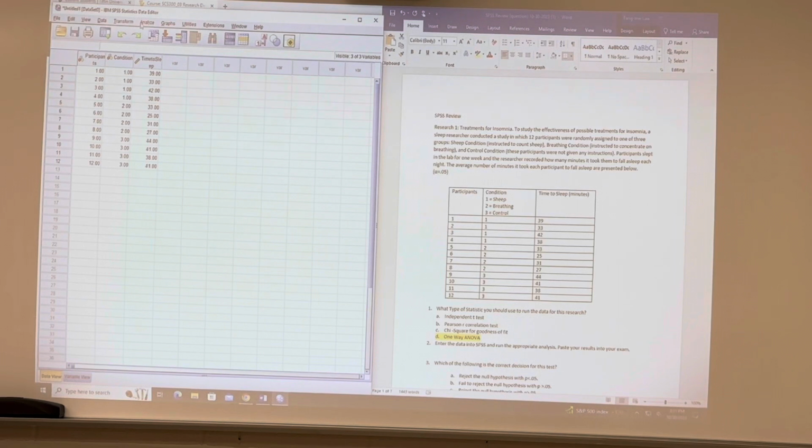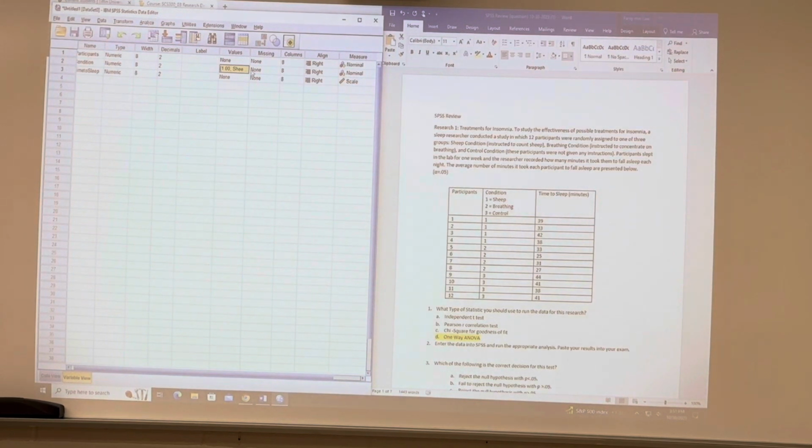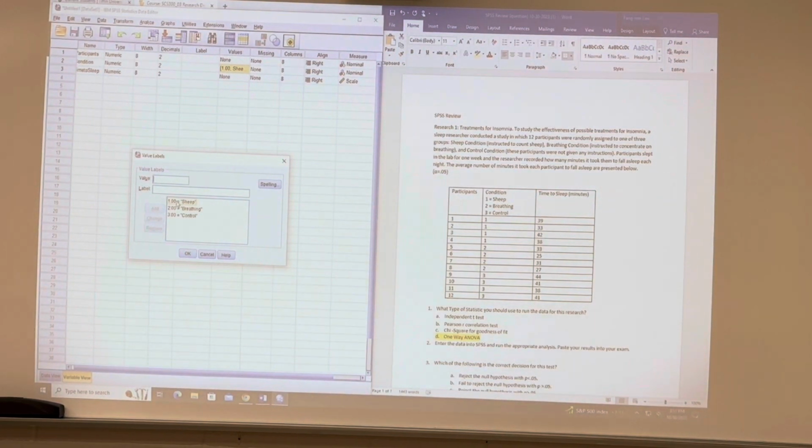Can you show how to do that again? You mean how to set up the value? You just go down here, click Value. You just type 1, sheep, 2, reading, 3, control. And then don't press enter, press Add, A-D-D.